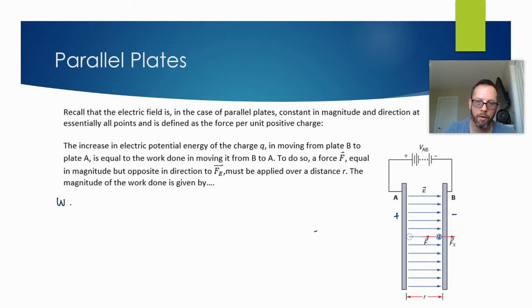So the work required to move that test charge across a potential difference, from low potential, negative, to high potential, positive, is going to be equal to the force times distance, which in our diagram is r, and then the angle between the force and where it's moving. They're actually parallel, so the angle between them is 0 degrees.